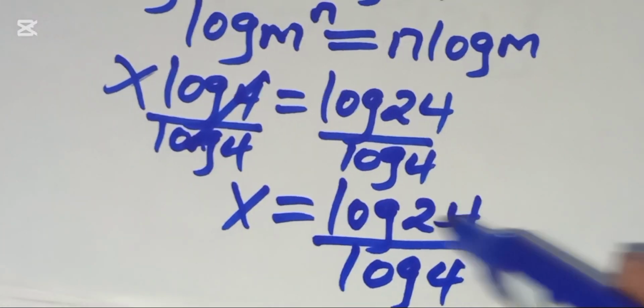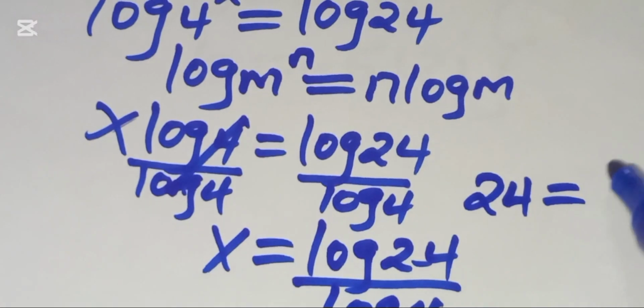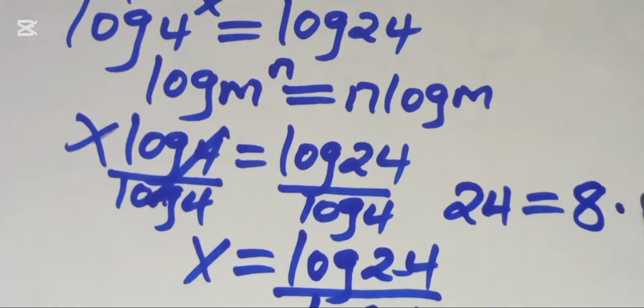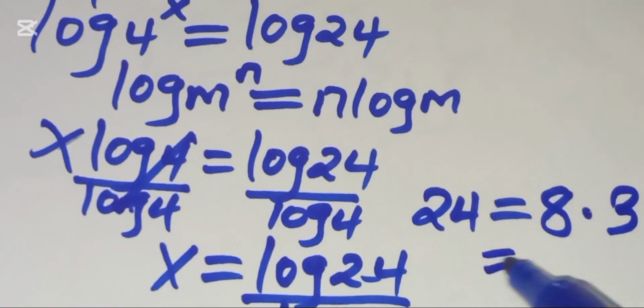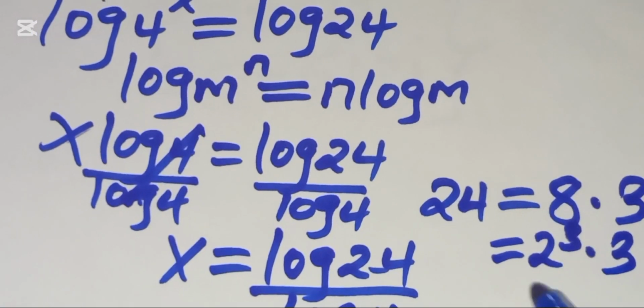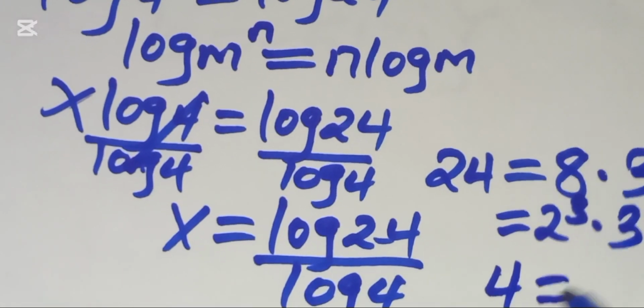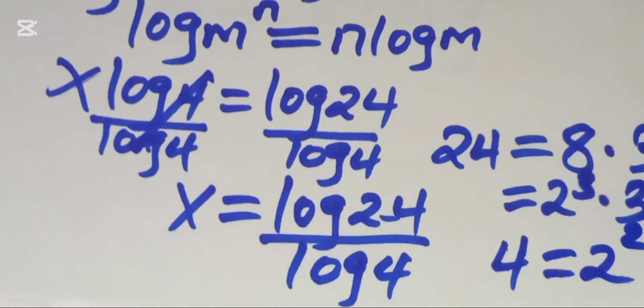Now we can express 24 as 8 multiplying by 3. And we can express 8 as 2 to power 3, multiplying by 3. And we can express 4 as 2 to power 2. Now let's substitute this.